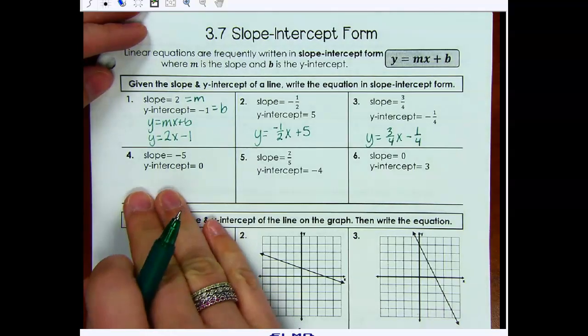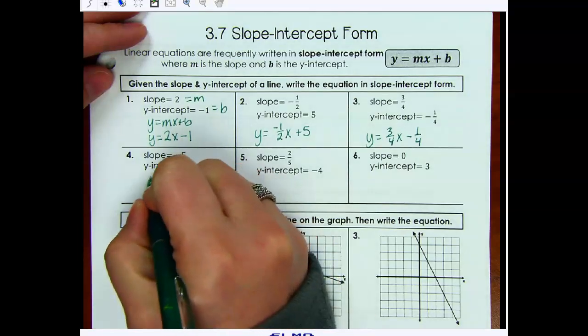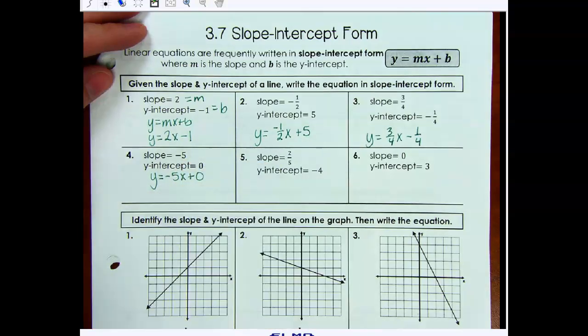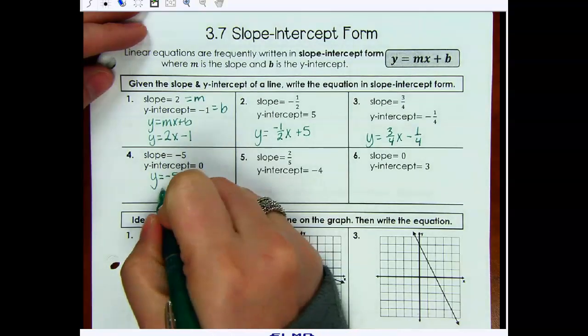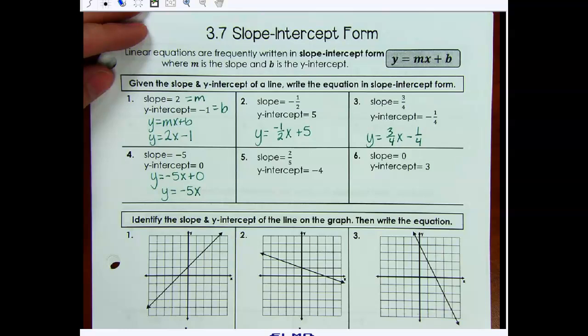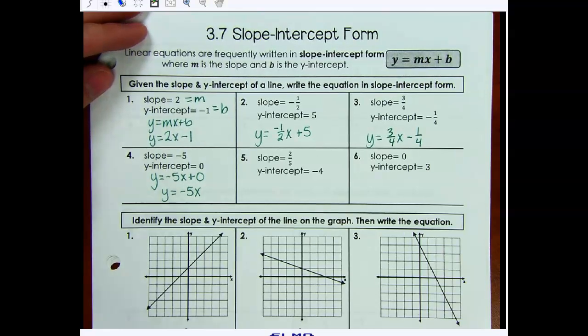Now if you have something like this where you have a 0 for the y-intercept, technically you have y equals negative 5x plus 0, but adding 0 does not affect your equation, and so you can rewrite that as just y equals negative 5x. So you don't need the plus 0.